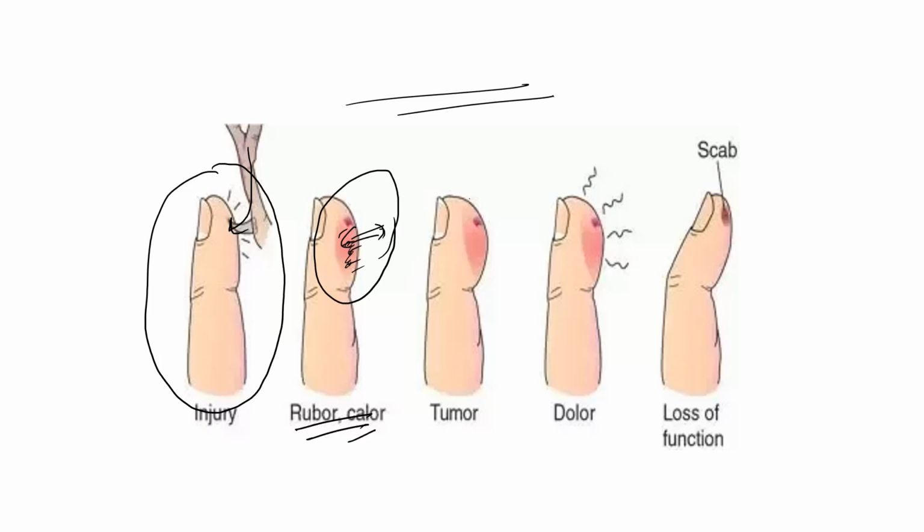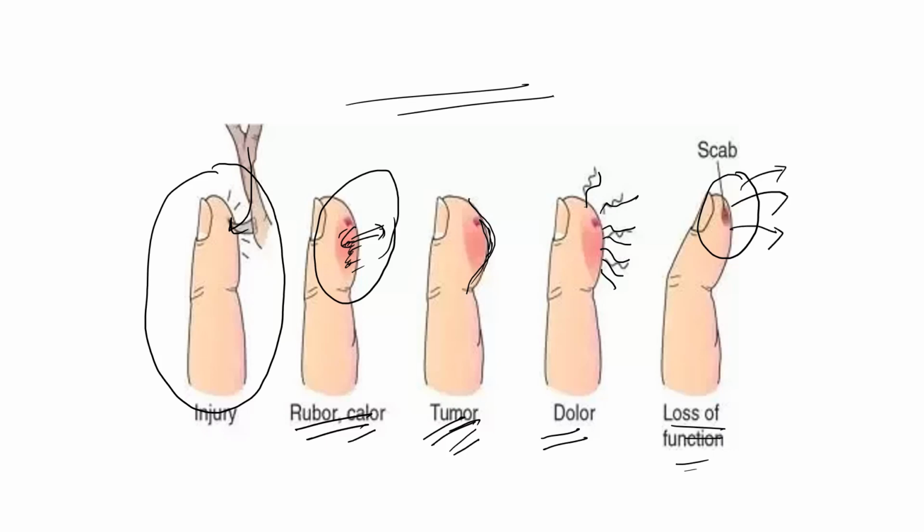And then next we will see swelling in the affected area, so that is the third cardinal sign, tumor. And the fourth is the sensation of pain in the place of inflammation or affected part. And the last is the loss of function. So the part which was affected has lost the function it had before.